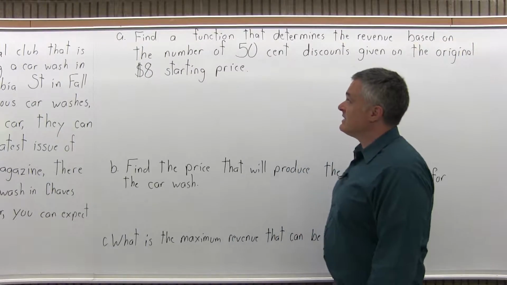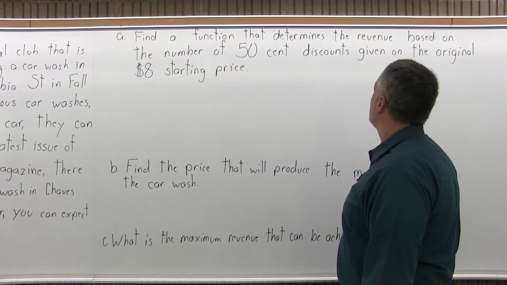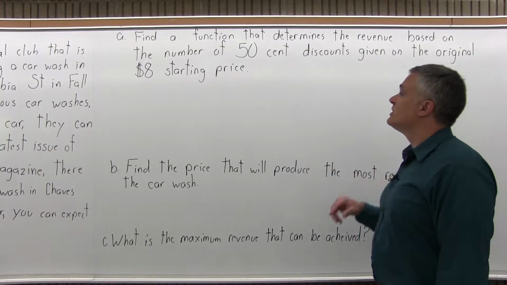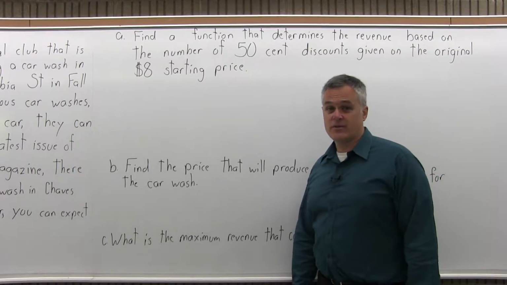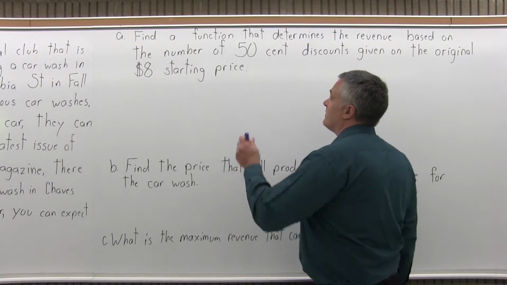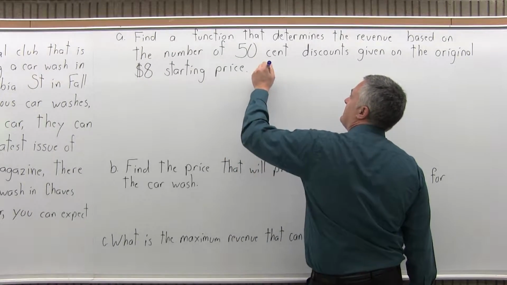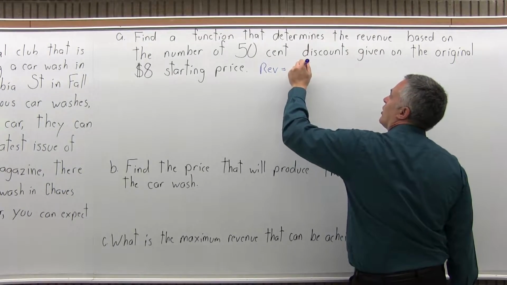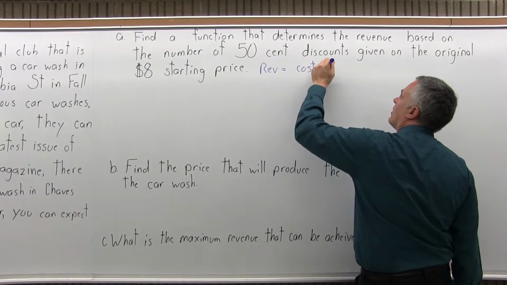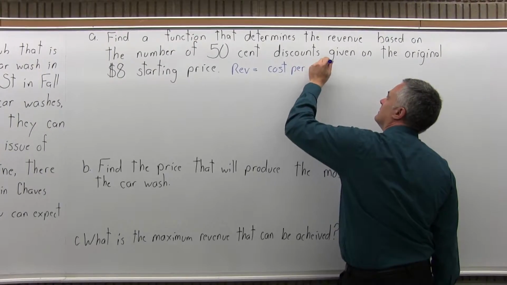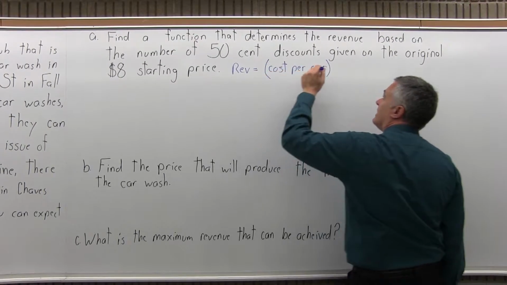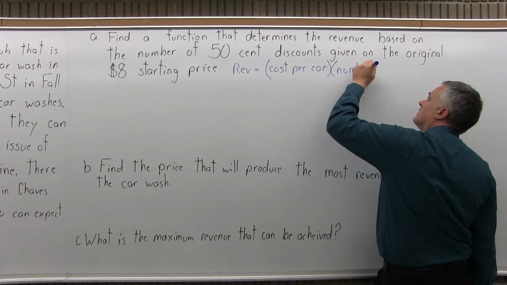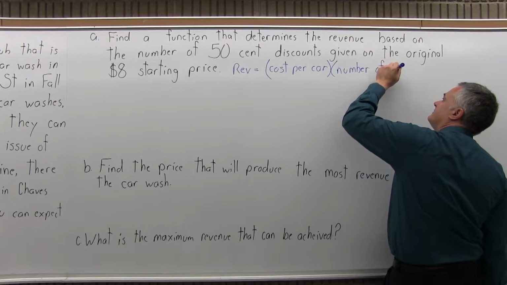So Part A says, find a function that determines the revenue based on the number of 50-cent discounts given on the original $8 starting price. So basically, the revenue equals the cost per car times the number of cars.